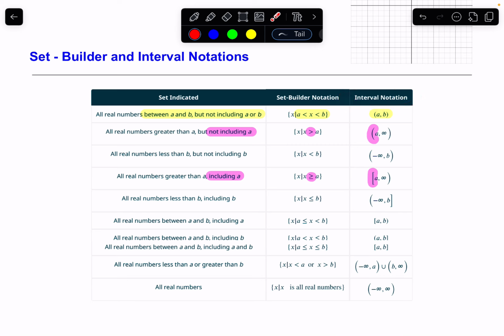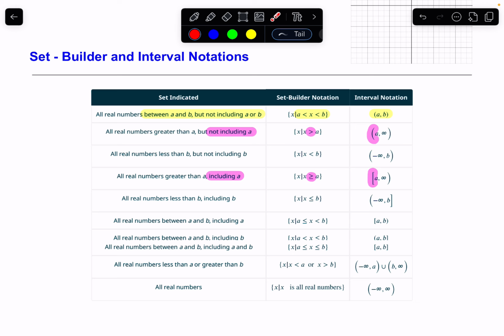There is really no good reason to choose one over the other between set builder and interval notation, other than in some situations, one is more convenient than the other one is. So most of the time, interval notation will be the more convenient one, but occasionally set builder notation will work out to be easier. So it really just depends on the situation.